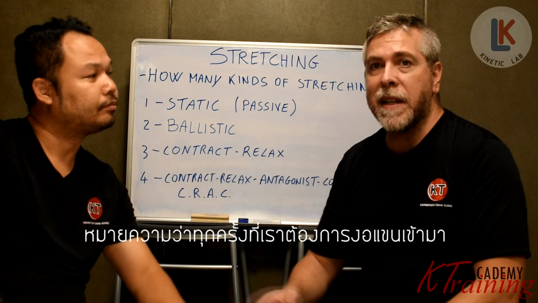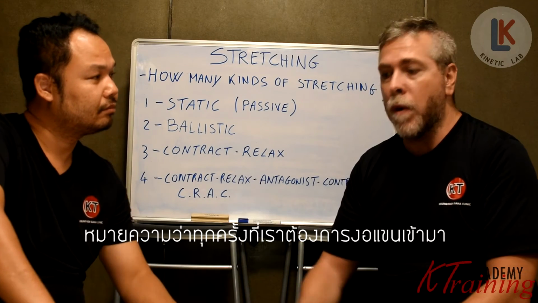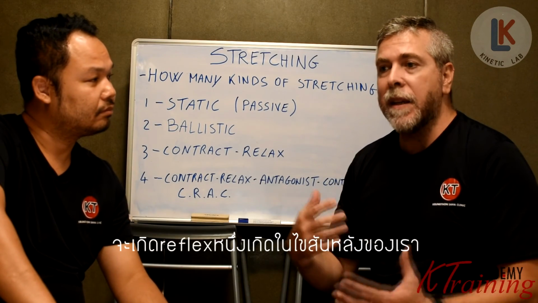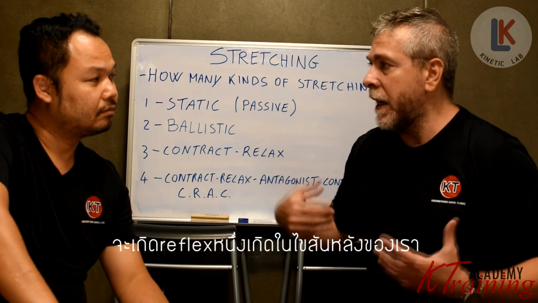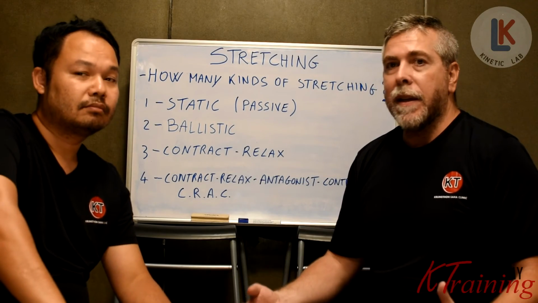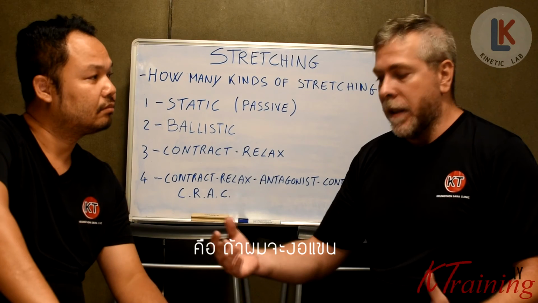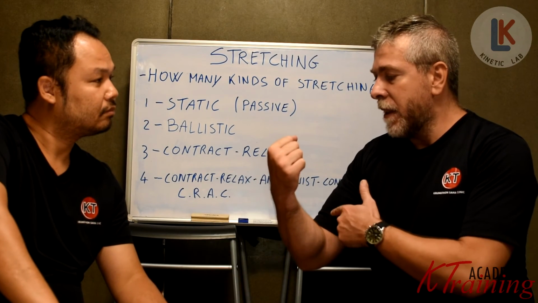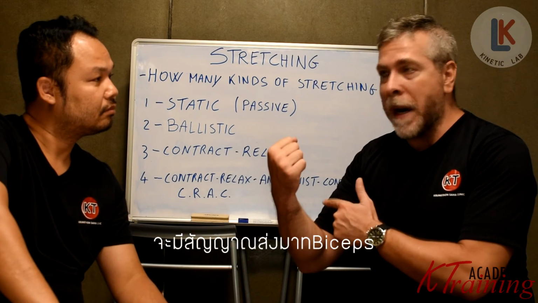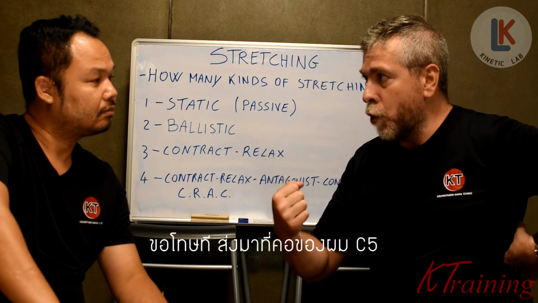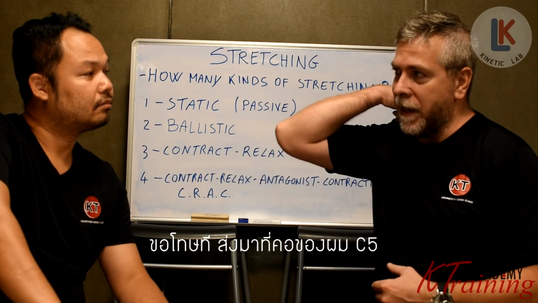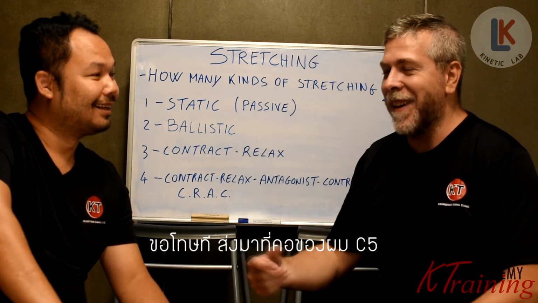What happens is that every time we want to flex our arm, there is a reflex happening in our spine. When I want to bend my arm, there is a signal going to my bicep muscle and to my neck, C5.